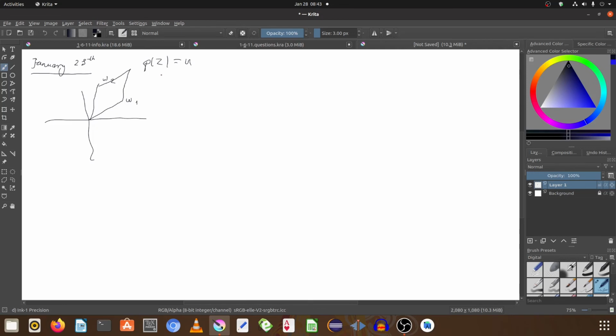And I want first a pre-image in this domain, and I want it so that the curve has no self-intersections. So here's omega 2 halves, omega 1 half.